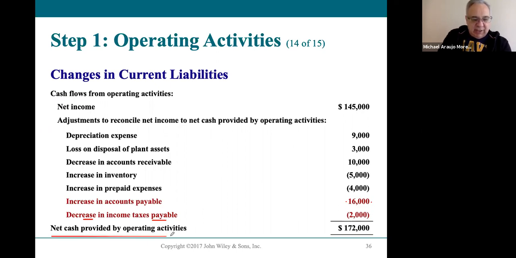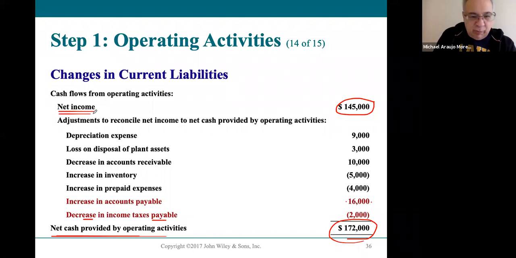So when we're all said and done, and I think that's the last step, we have net cash provided by operating activities of 172. Now, again, you started with $145,000 of net income, right? We produced net income on an income statement using the accrual method. All of these adjustments are meant to create the cash basis of that. Did cash go in or out?